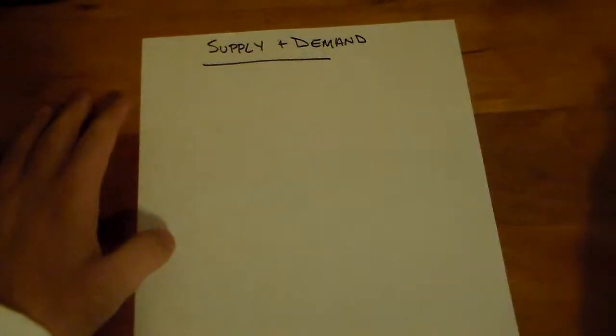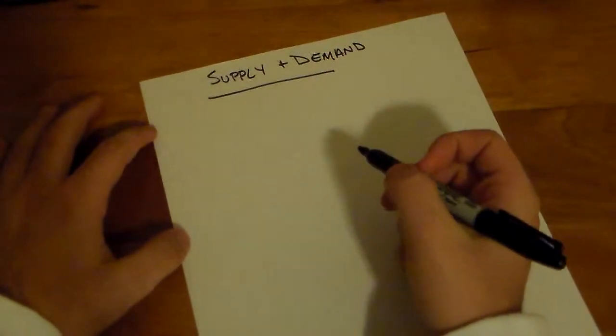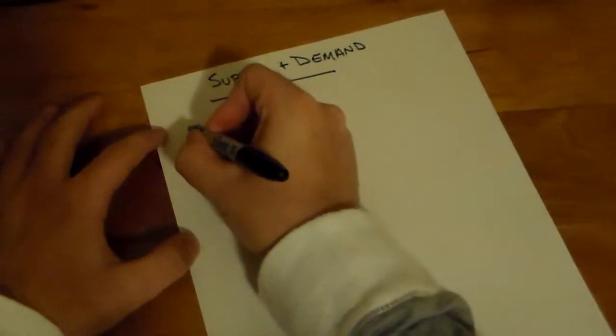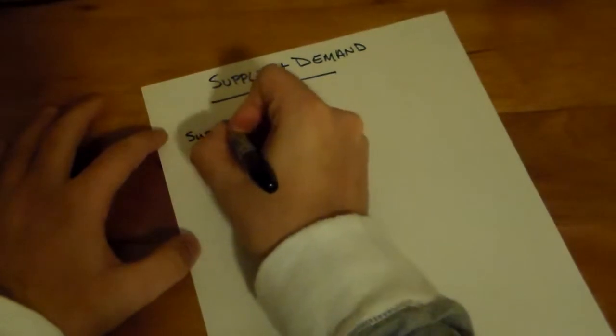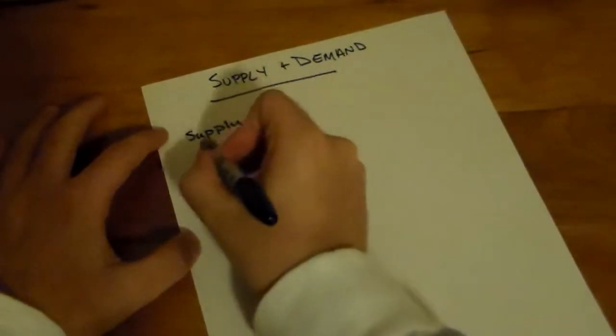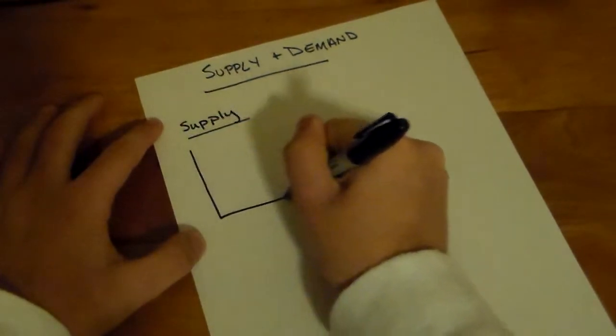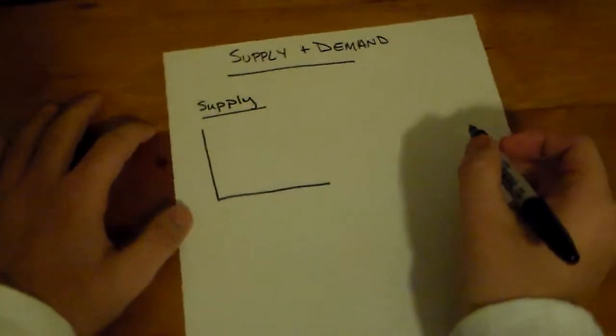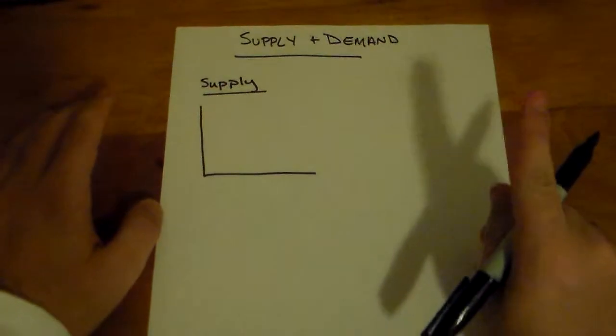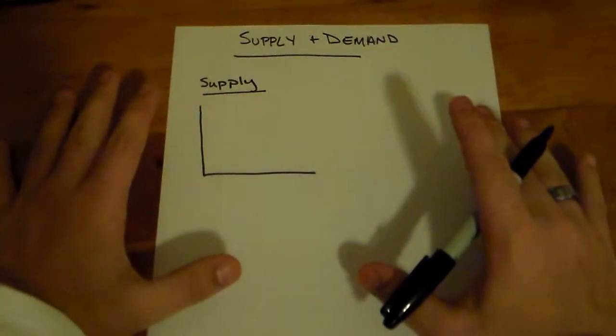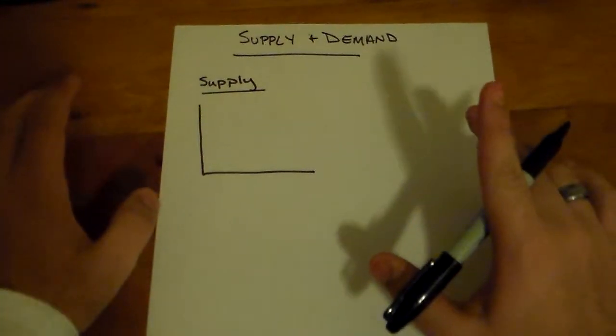We'll first draw a supply graph, and just to make this easier, I'll label it with supply right here. So we have the regular X and Y graph, but it's not the same graph you would see in a math class.